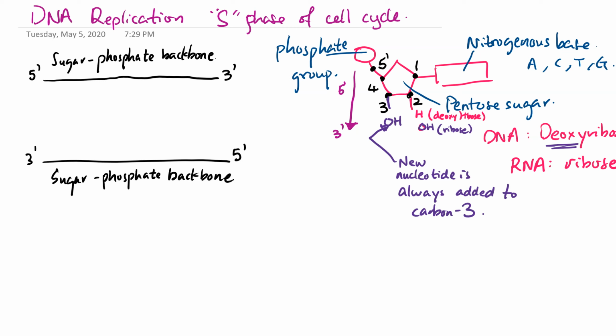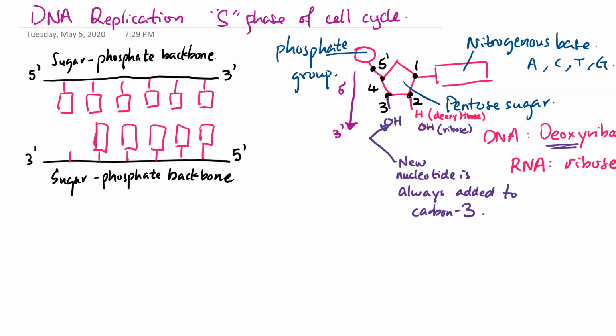And in between are the bases, right? Because DNA has complementary base pairing, if one side has a nitrogenous A, then the opposite side must have T. A pairs with T, C pairs with G. So I'm just going to randomly set this sequence from 5 prime to 3 prime, and the opposite strand is going to be A, T, G, C, T, A. So the opposite strand has to be complemented, right?